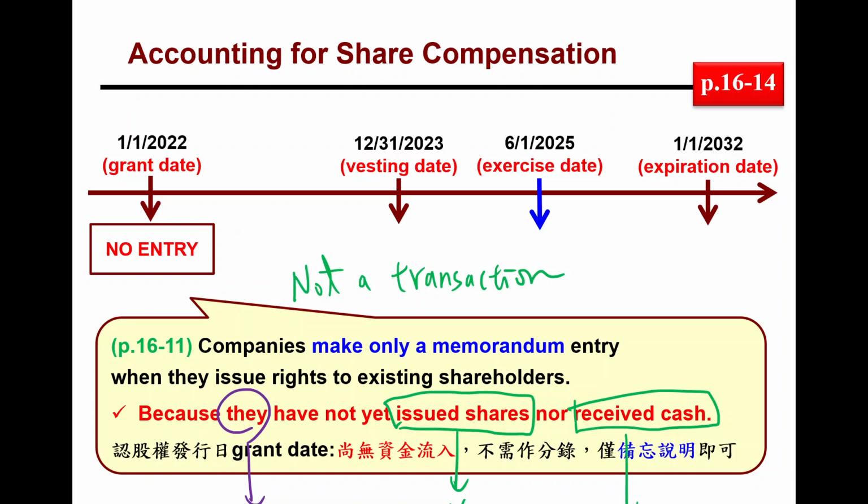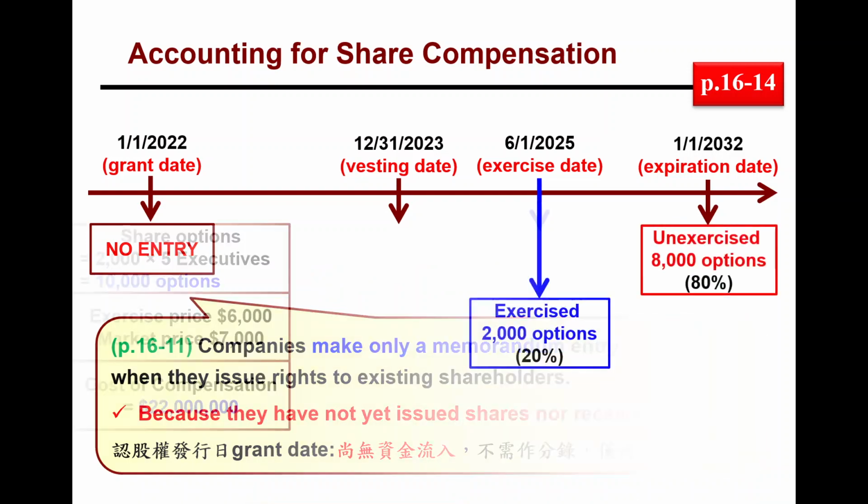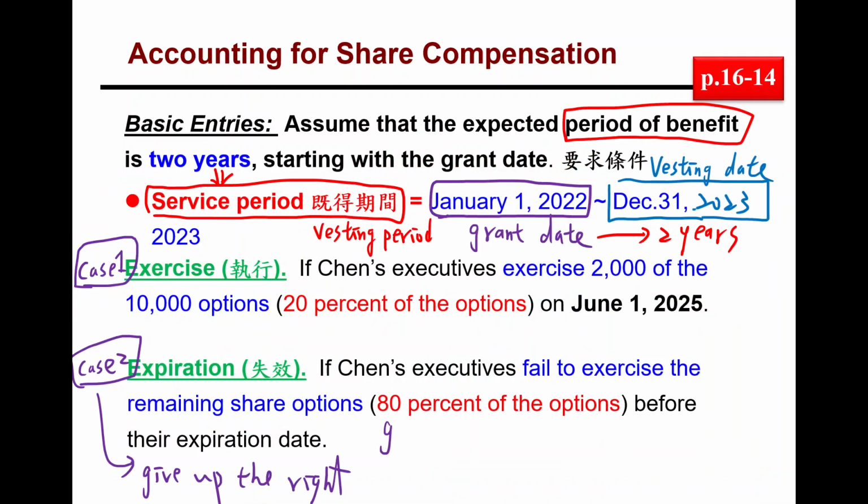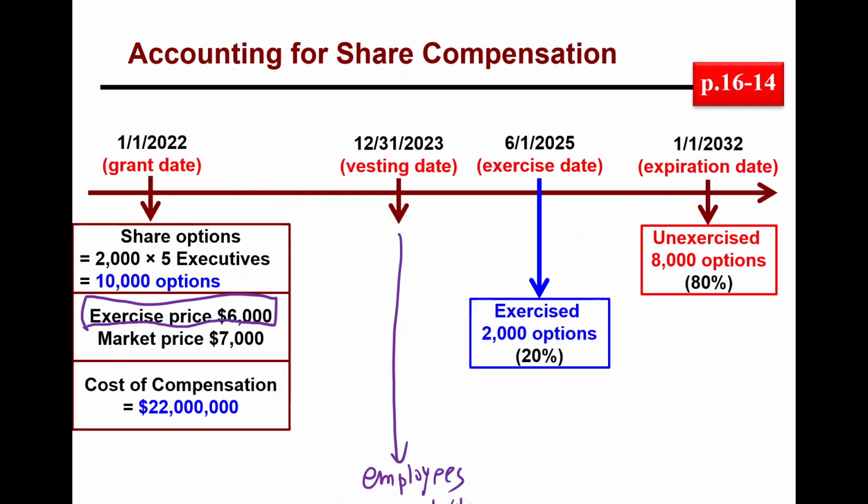But don't forget, even though you don't need to record anything, you still have cost of compensation incurred, right? Because of the vesting period. You have to allocate the $22 million over the vesting period. In this case, the vesting period is 2 years.